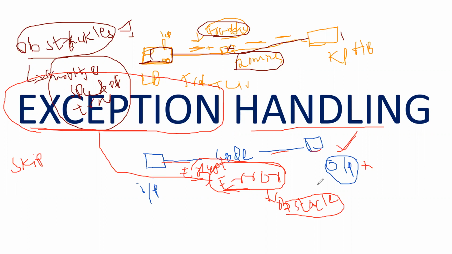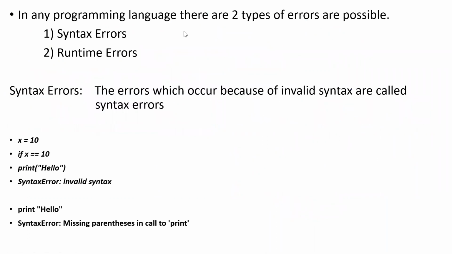So what are the types of errors we have? Simply, we have two types of errors. One is the syntax error and the second one is the runtime error.